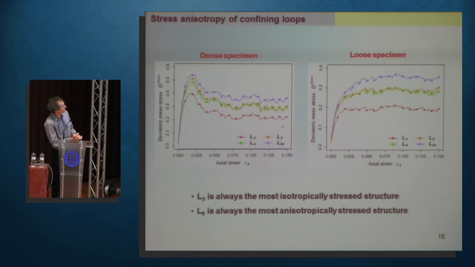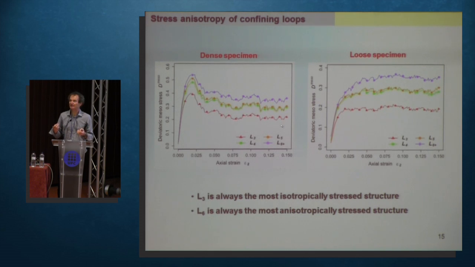This is what we can observe with the different curves by analyzing the deviatoric stress within the different loops. As a result, when you have 3 grains, the stress tensor is more or less spherical. And when you increase the number of grains, then progressively you tend toward something more anisotropic.